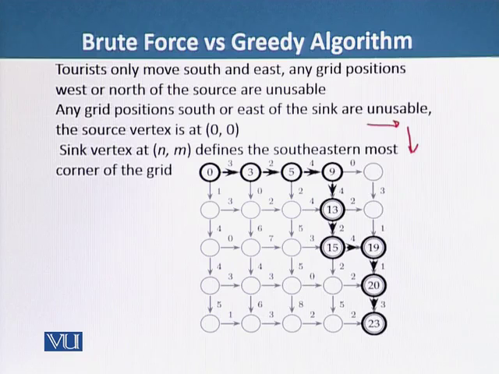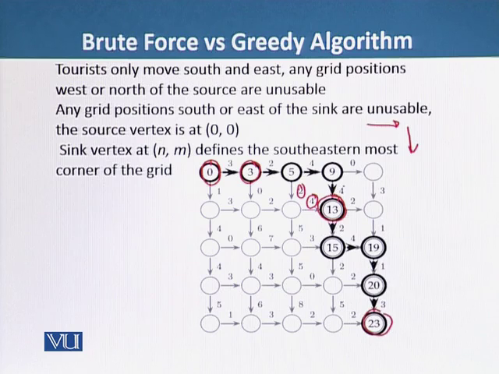So any grid position south or east of the sink is unusable. The sink could be any point, because this is the source point, and with reference to it, another point could be a sink also. So if it is the sink point, then we cannot use this point and this point. We cannot use points in the north and west directions.